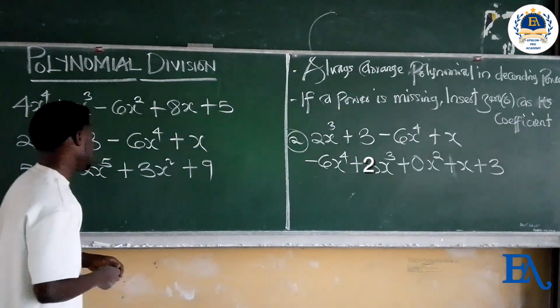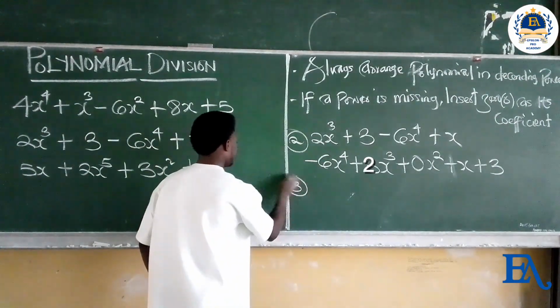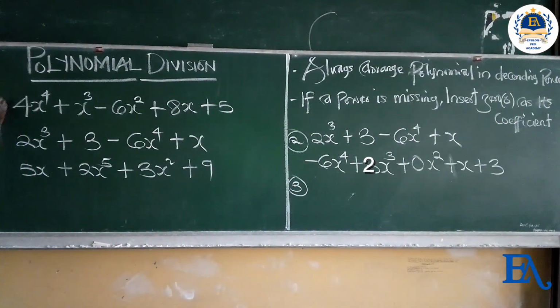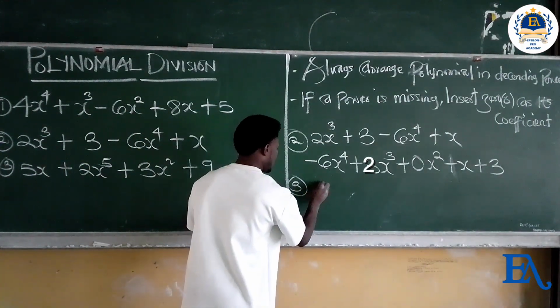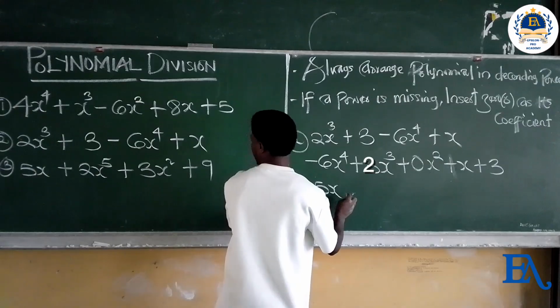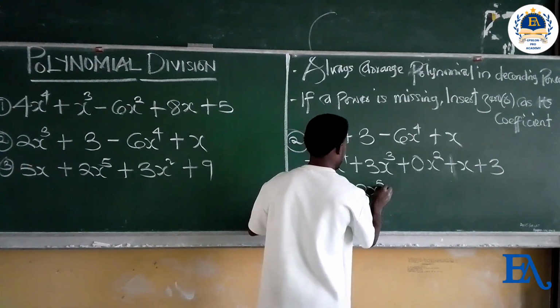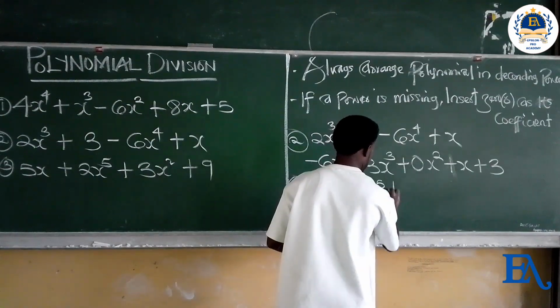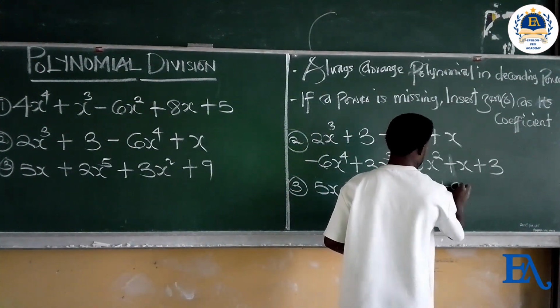Let's do the same for number 3. This is number 1, this is number 2, and this is number 3. So number 3, we have 5x + 2x^5 + 3x^2 + 9.